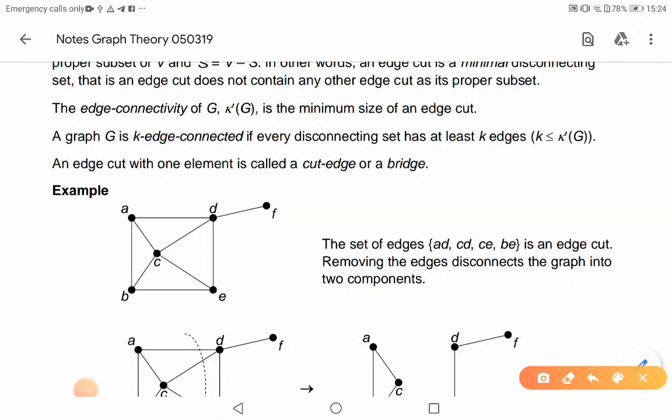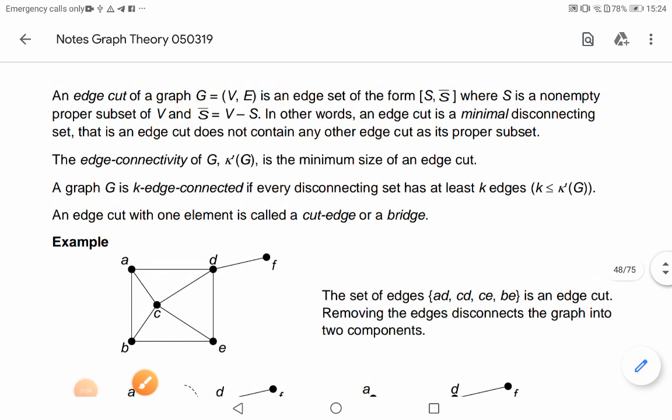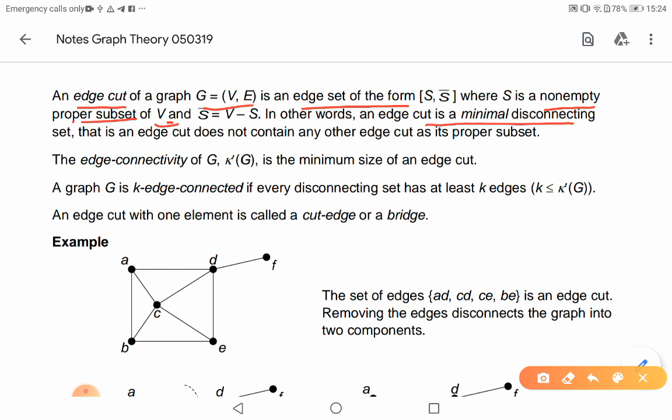An edge cut of a graph G is an edge set of the form [S, T] where S is a non-empty proper subset of V. In other words, an edge cut is a minimal disconnecting set.